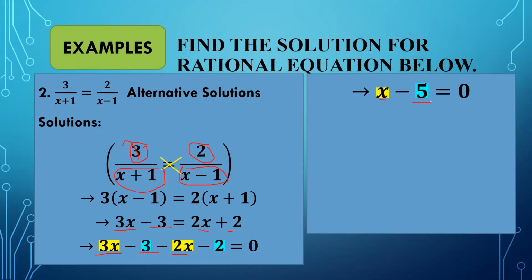So next, using the transposition or the additive inverse again, we have x equals 5. If we transfer from this side to there, then it goes from negative to positive. So the final answer will be x equals 5.